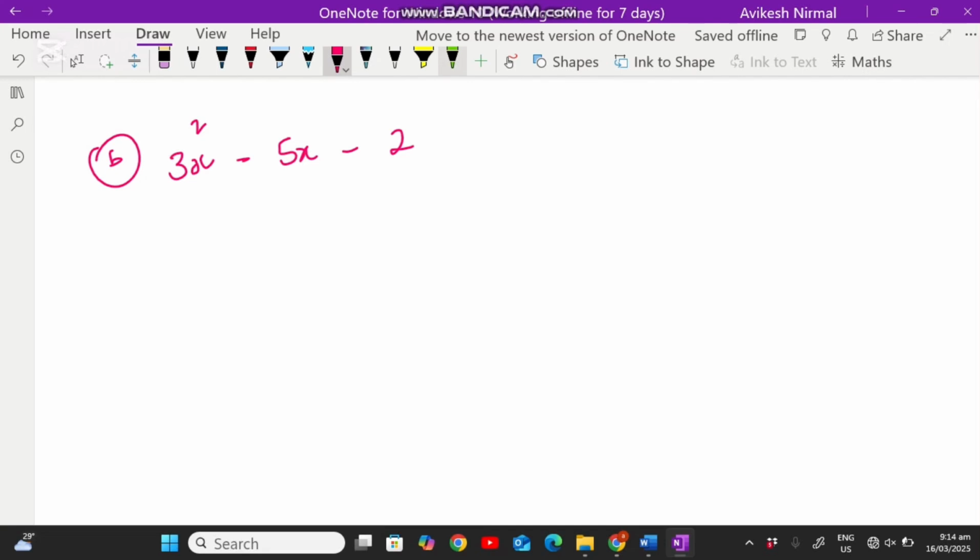So once again, the first step is to multiply this term and this term together. So 3 times minus 2 gives me minus 6. So then two numbers which multiply to give me minus 6, same numbers should add to give me minus 5. And what are those two numbers? If I do 6 times 1 here, this gives me positive 6. Let's wait, and 6 plus 1 gives me 7, so not 5.